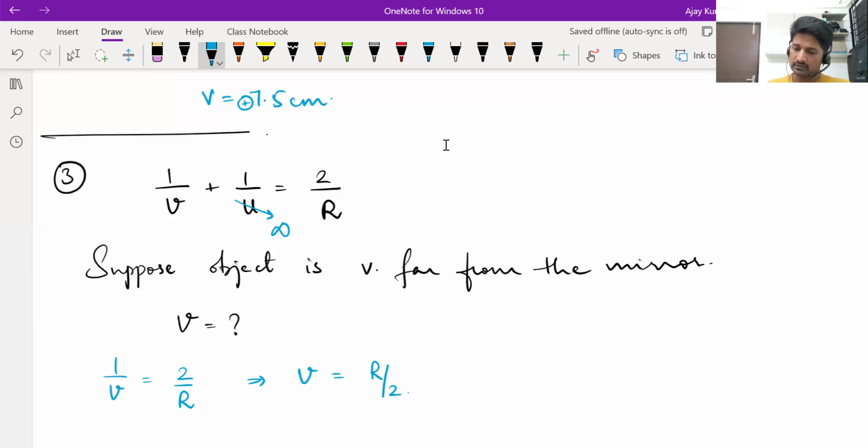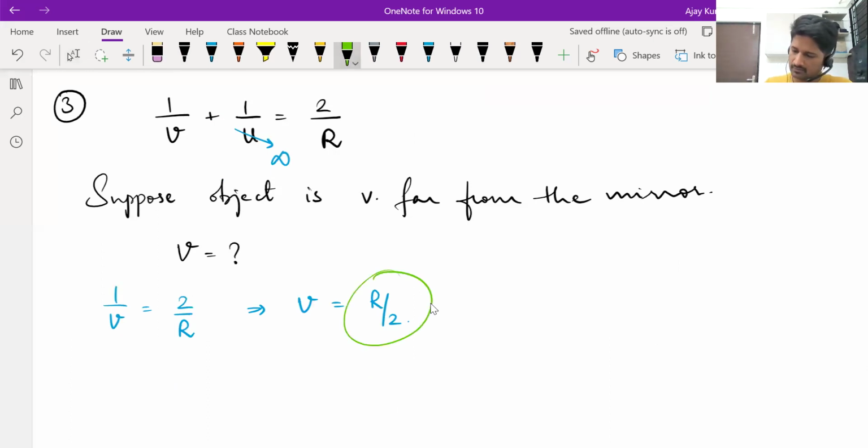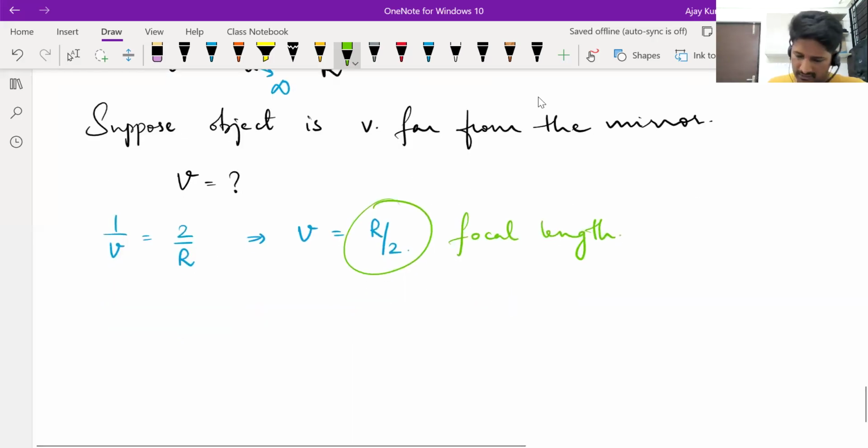Okay. This point, which point? The image location when object is at infinity is what we call as focus. And this distance is called as the focal length. Fine. Let me write the definition here.